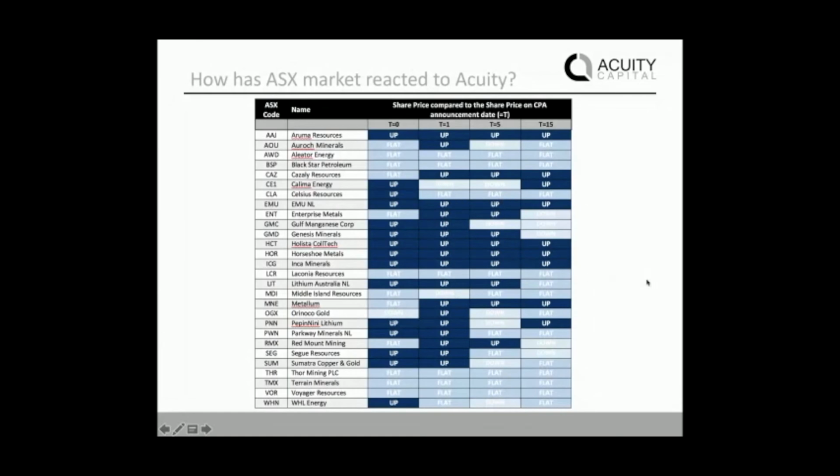We think if we took a sample of ASX listed companies, just this many, there's roughly 28 there, we would find just statistically you'd see more that were down. But happily, with the announcement of the CPA, the market either is indifferent, doesn't pay much attention to Acuity, or is flat. So really good news in terms of how the CPA is announced.